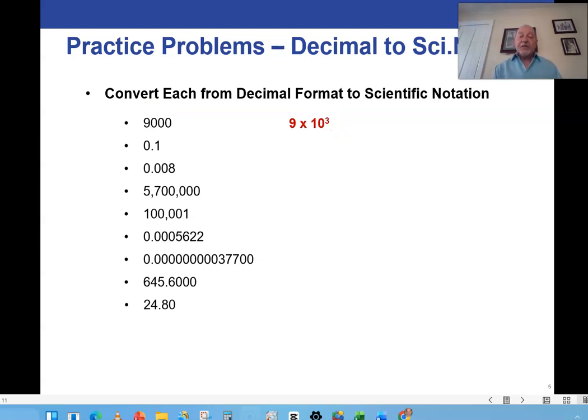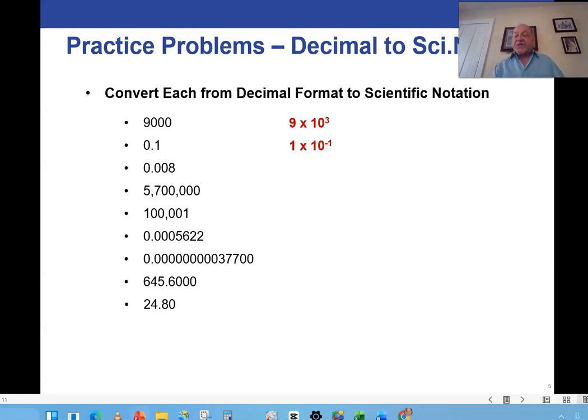So the next number is 0.1. And there are a couple ways to do this. We could just move our decimal point 1 position, and that would make it now a 1 instead of a 0.1. And we've artificially made it larger by 1 power of 10, so we'd have to multiply it by 10 to the -1 to correct that. Or we could notice that that 1 is in the -1 position relative to the decimal point.